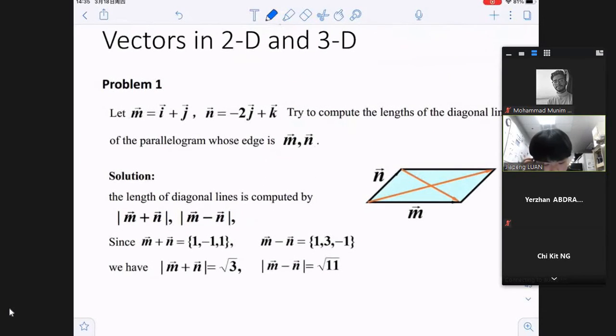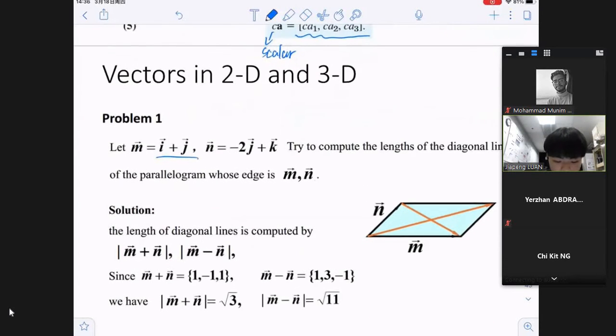So let's do a quick problem. If we have a vector M, which is I and J, you should know that, yes. So this is the addition of vectors.